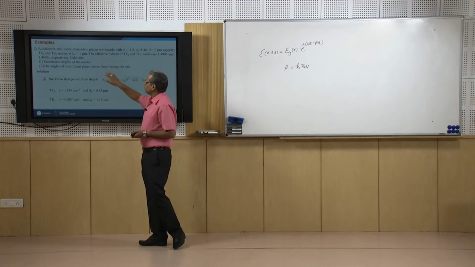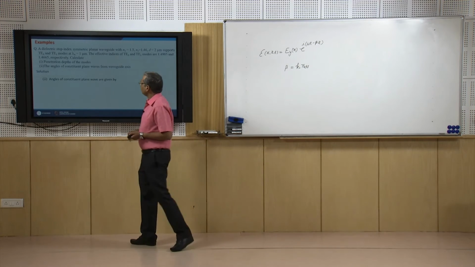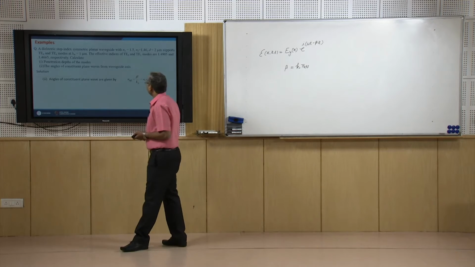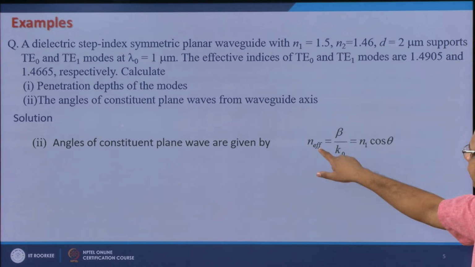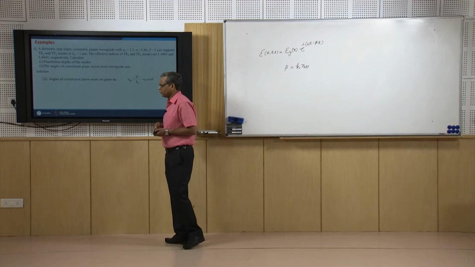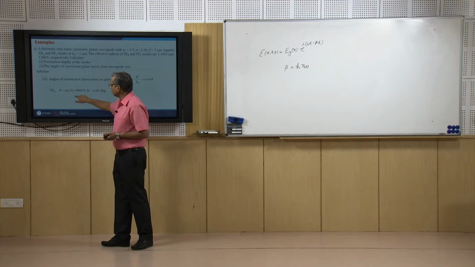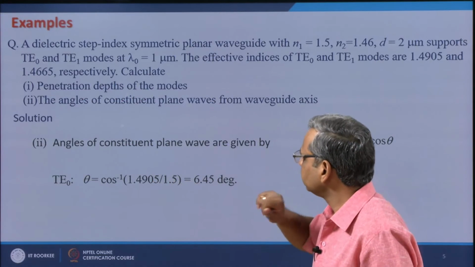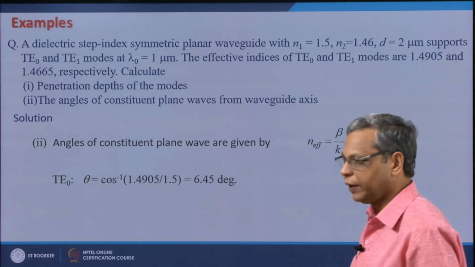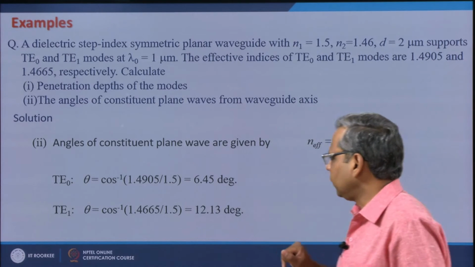What are the angles of the constituent plane waves from the waveguide axis? Well, I know that these angles are given by n effective equal to n1 cos theta. So, for these values of n effective, I can immediately find the values of theta, because I know the value of n1 also. For TE0 mode, theta would be cos inverse of n effective over n1. So, it would be 6.45 degrees, and for TE1 it would be 12.13 degrees.